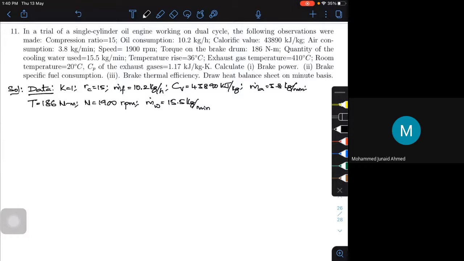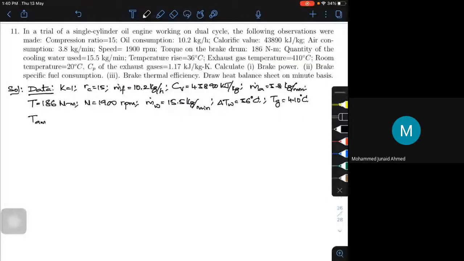Then they have given the temperature rise, that is delta T of the water, which is 36 degrees Celsius. Then the exhaust gas temperature, that is TG, is 410 degrees Celsius. They have given the atmospheric temperature, T atmospheric, which is 20 degrees Celsius. Cp of the gas is 1.17 kilojoules per kg Kelvin.